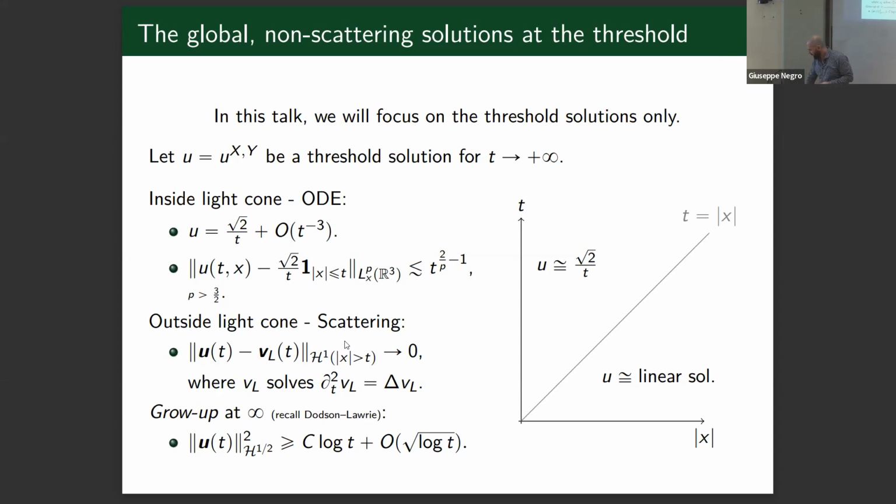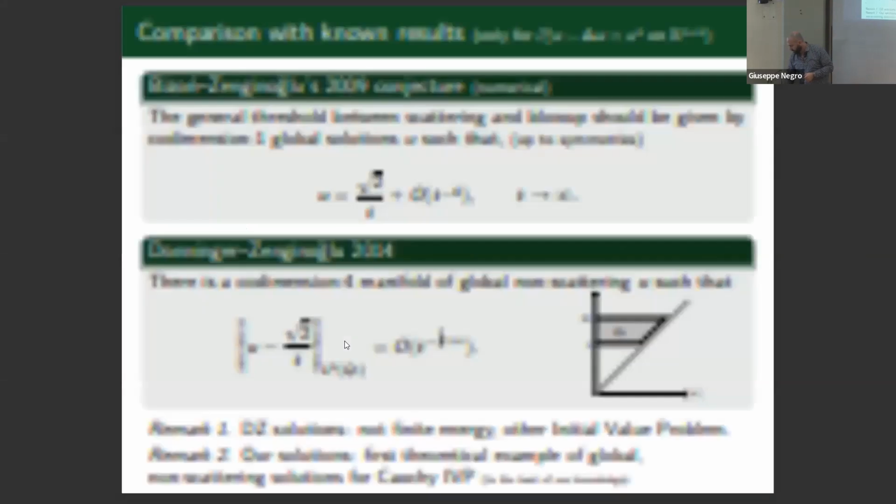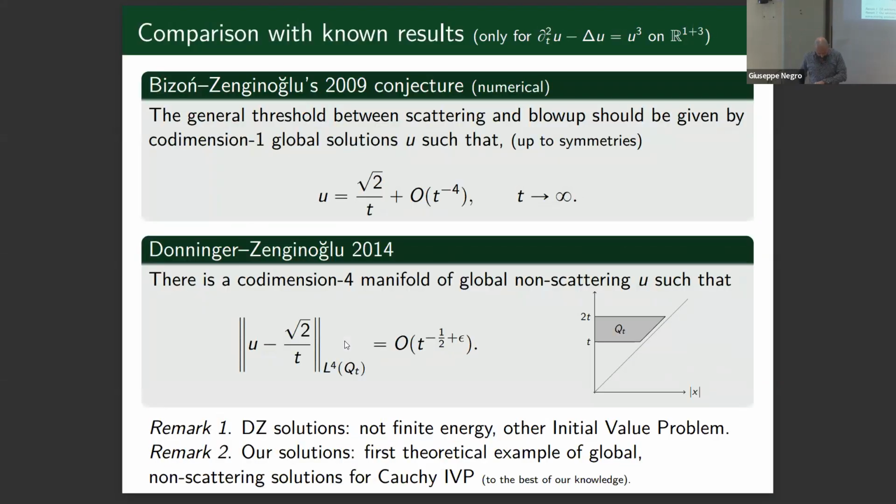Okay, so this is how the threshold solutions look like. And now let me compare these solutions with what is known in the literature. Or otherwise said, why do I think this is interesting? This is one of the oldest models that has been studied since forever, maybe even Einstein studied this.